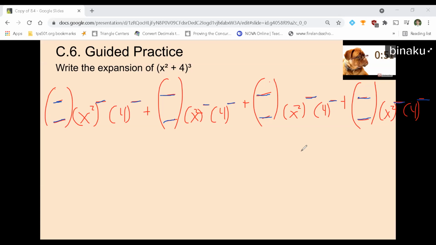You should see a pattern to how these blanks are filled in.